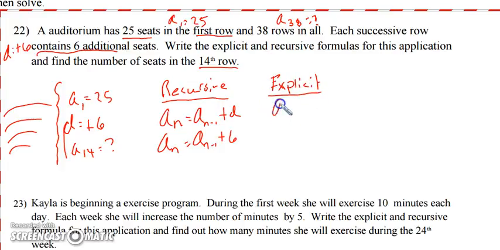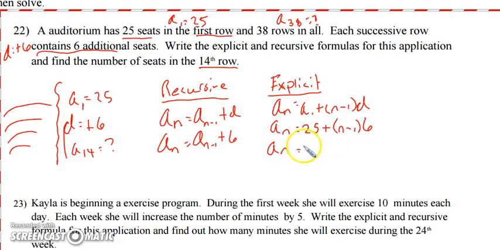Okay, let's do explicit. We always know the explicit formula will be this: first term plus n minus 1 times the difference. We're trying to find this in general, so an equals first term, which is 25, plus n minus 1 times the difference, 6.